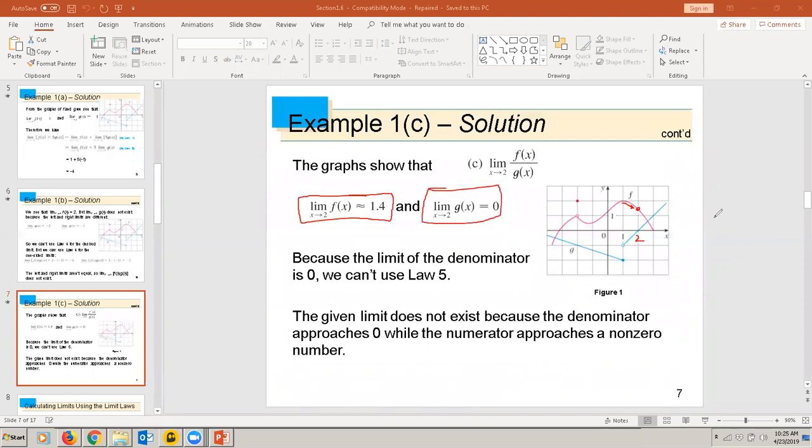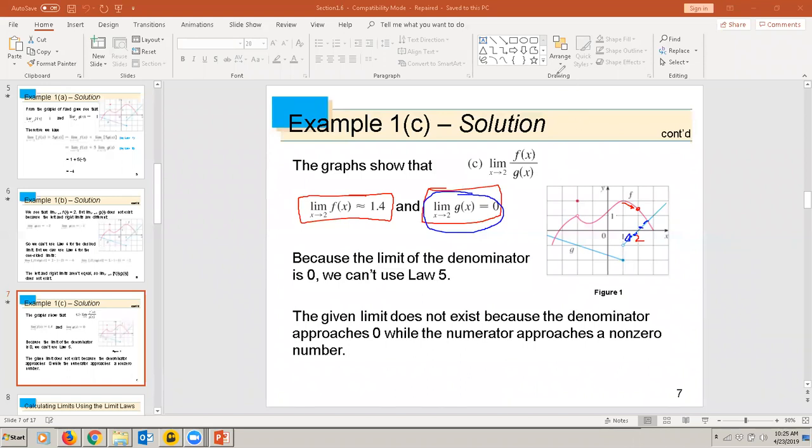Well, for g of x, I'm going to be on that blue line, and let me draw some blue dots. Here is x getting closer and closer to 2. I'll even come in from the other side, but notice the y value is approaching 0. So what we end up with is the limit as x approaches 2 of g of x is 0.